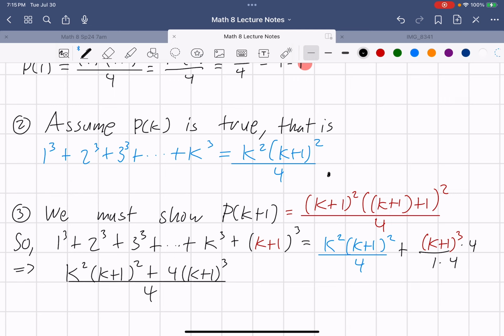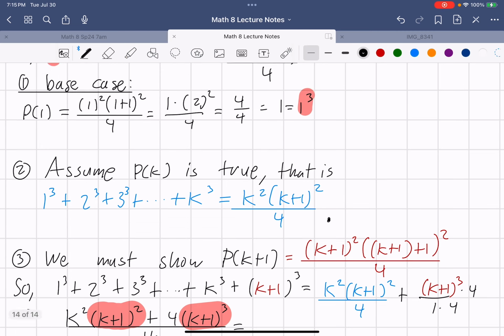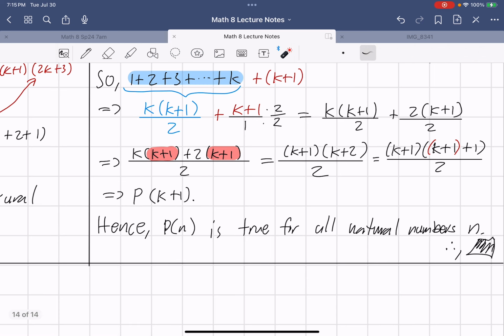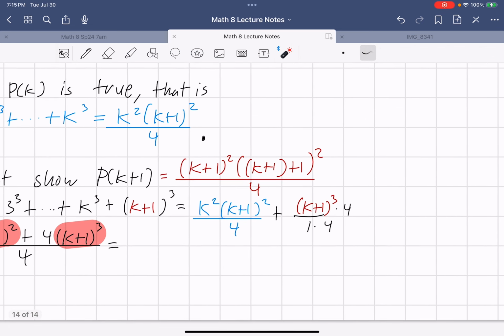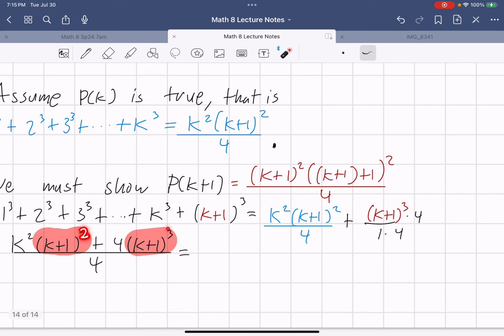Now, distributing all this would get really messy. But just like the previous example, if you notice, this is k plus 1 squared and this is k plus 1 cubed. Last time they were identical because they both were just k plus 1. So they're still the same in the sense of k plus 1, but this one has a power of 2 and here there's 3. What I'm going to do is factor out 2 of them, because when I factor out 2, that's going to leave a k squared.